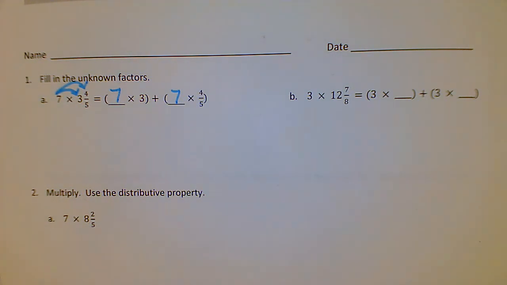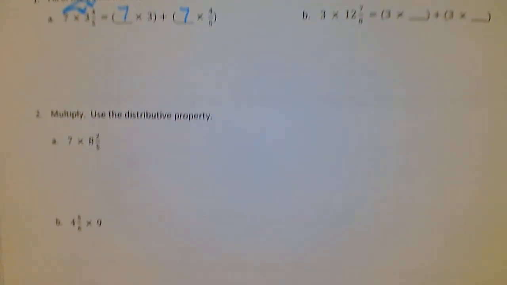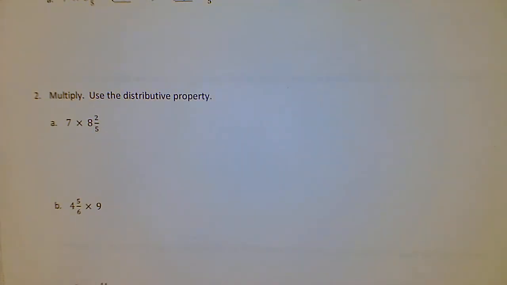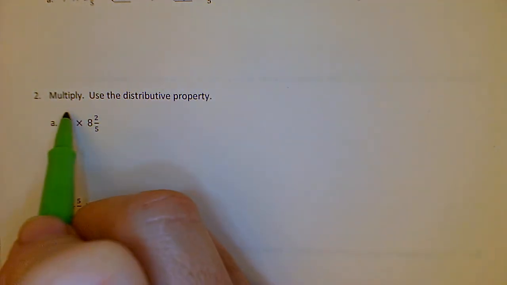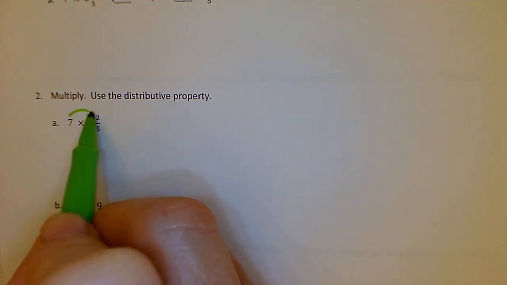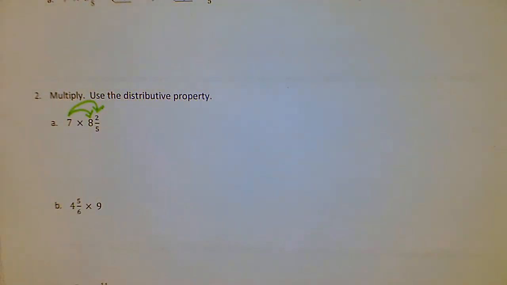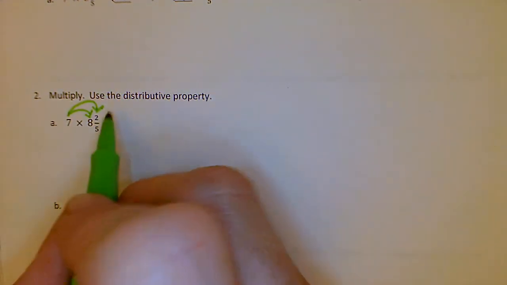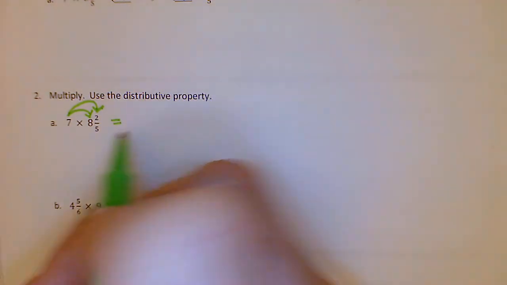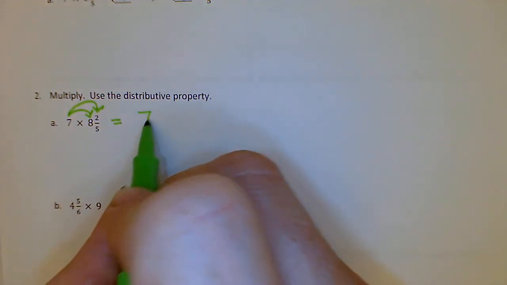All right, so here we go. For number 2, it says multiply, use the distributive property. So if I'm going to be multiplying using the distributive property, I'm going to multiply 7 times 8 and then 7 times 2/5. The first step that is always really helpful is to pull this apart. So we're going to say 7 times 8 and 2/5.